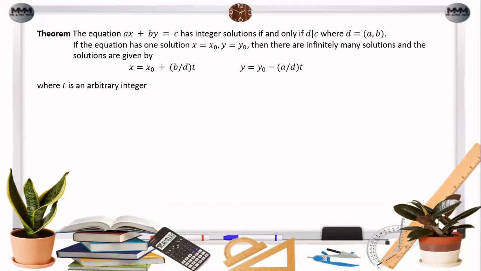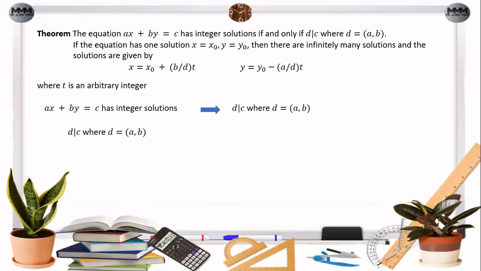Now let me elaborate what this theorem is all about. Because we have here if and only if, it means two implications. That is, we have the necessary and sufficient conditions. For the first, if ax plus by equals c, our linear Diophantine equation, has an integer solution, then we can say that d, which is the GCD of a and b, divides c.